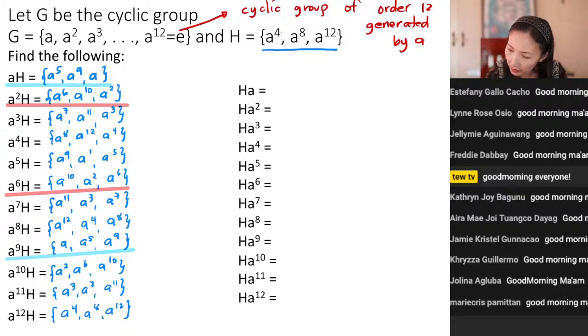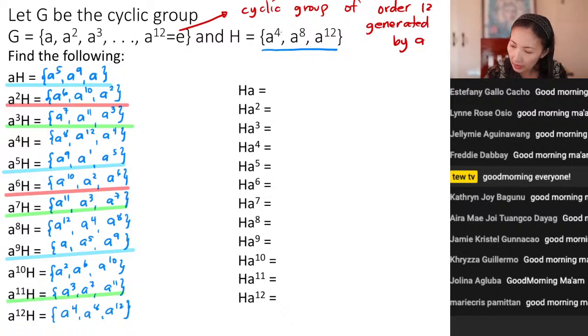We failed to underline this one also, since they are the same. AH and A to the 5th H and A to the 9th H are equal. Next, A cubed H and A to the 7th H and A to the 11th H.